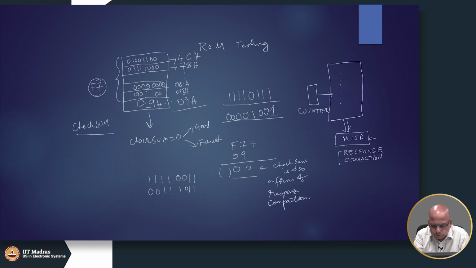See, suppose this bit changes to a 1 and this bit changes to a 0, right, because of a fault, then the checksum will not change, the checksum will remain the same. In comparison, the MISR based approach is more likely to find this bug. Okay. So, there is an advantage of using checksums, it is very simple. It can be even integrated in software.